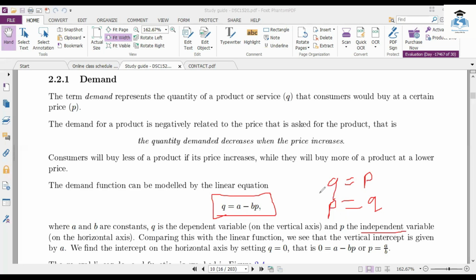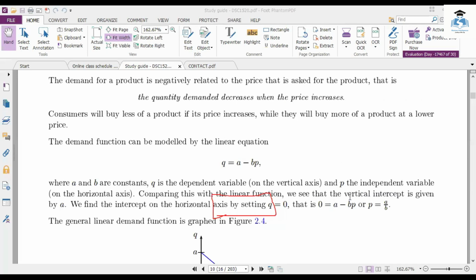Otherwise, if you are going to solve your equation using this one, and yet you were supposed to use this one, then that becomes a problem. Okay. So let's just continue.